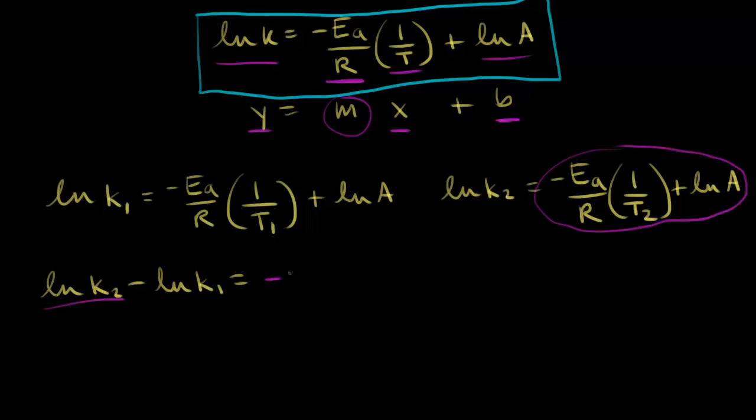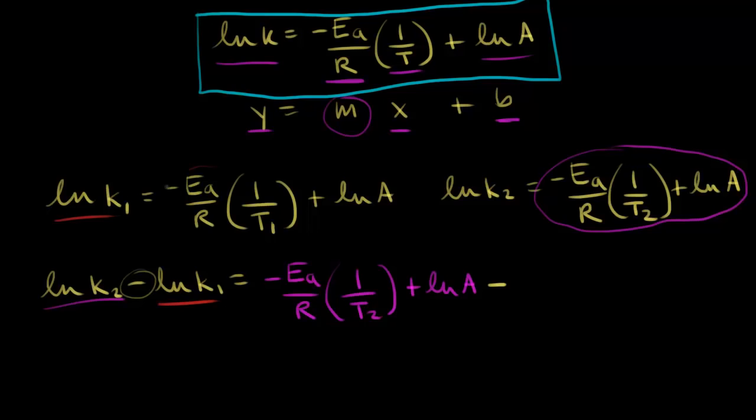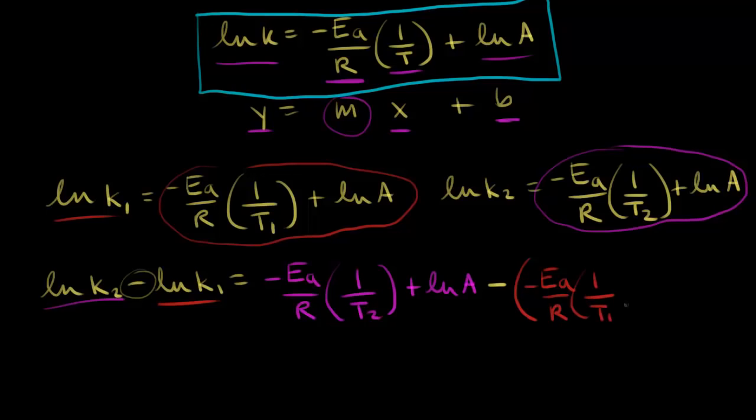So let's write that in: negative EA over R times 1 over T2 plus natural log of A. Next, from that, we're going to subtract the natural log of k1. And the natural log of k1 is all of this. So this would be minus, and let's put all this in parentheses, negative EA over R, 1 over T1, plus the natural log of A.